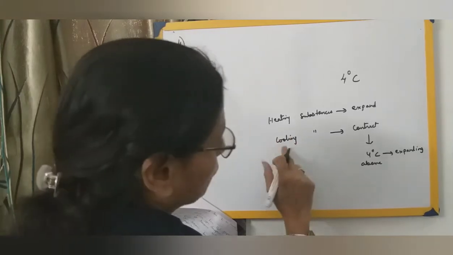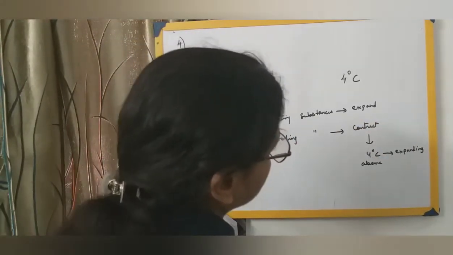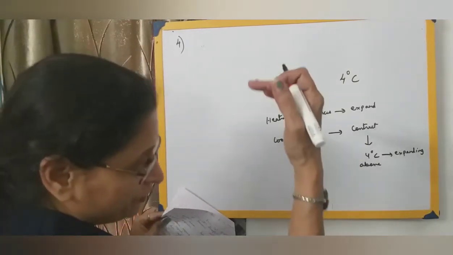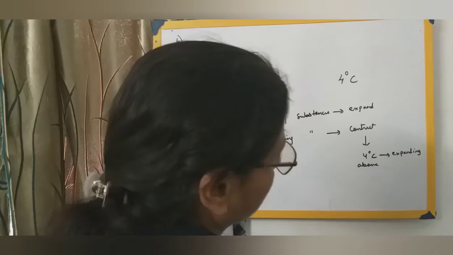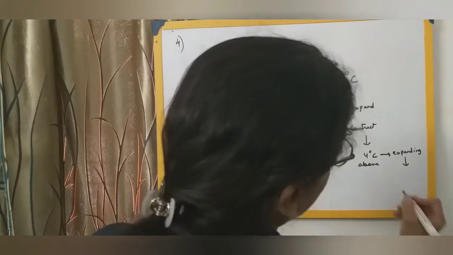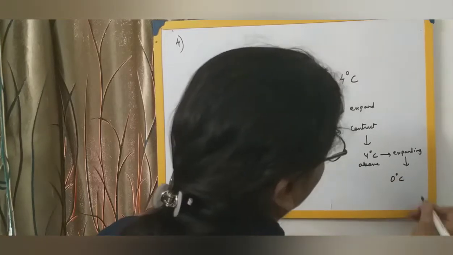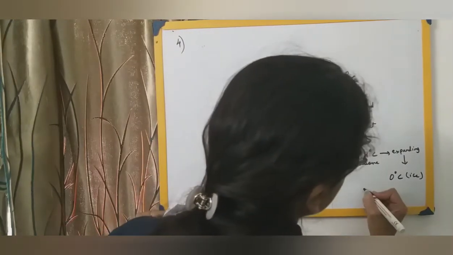So when you are cooling, it will contract, but this contraction will continue only until it reaches 4 degrees Celsius. When you are further cooling it, that is below 4 degrees Celsius, water will start expanding. And this expansion will continue until it reaches 0 degrees Celsius to form ice. As it is going on expanding, what is happening to the density? Density decreases.